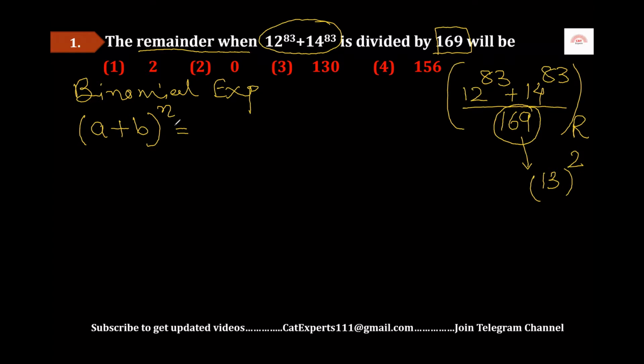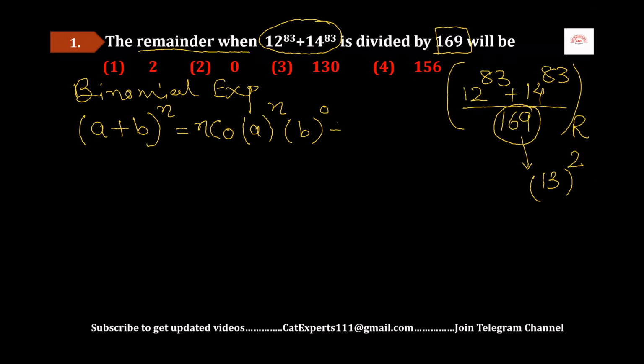The general formula for this expansion is given by NC0, take the maximum power of a, that is a raised to power n, into b raised to power 0. This is going to be the first term, right?